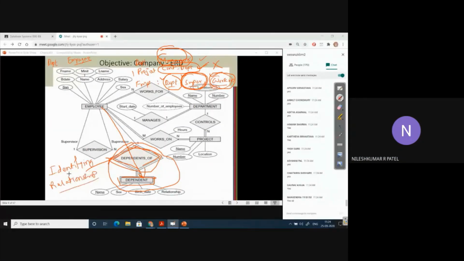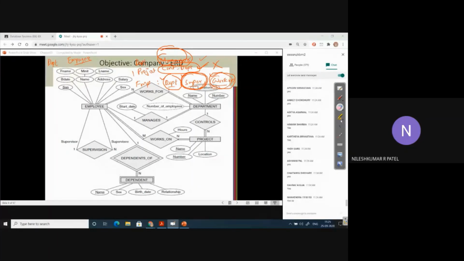So when you want to connect two entity types, and for example, if there exists one entity type which is a weak entity type, the diamond symbol that you use, you have to use a double diamond symbol between an entity type and the weak entity type.